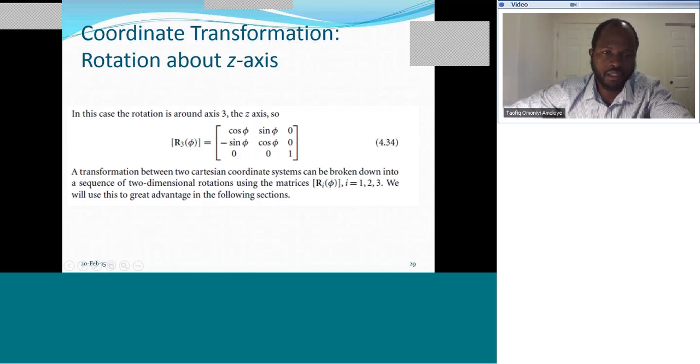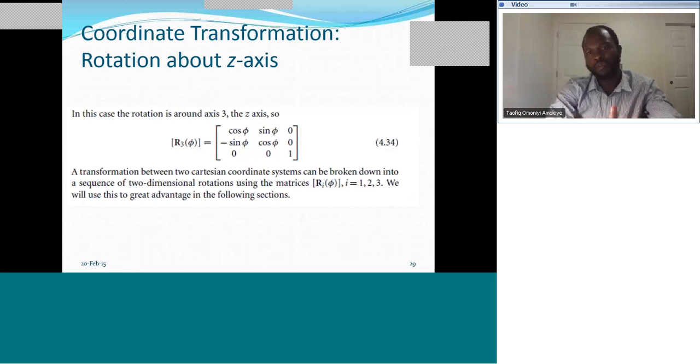So the transformation between two Cartesian coordinate systems can be broken down into a sequence of two-dimensional rotations using the matrices R_i(phi), where i is equal to 1, 2, 3, depending on which of the axes you are talking about. 1, of course, denotes x, 2 denotes y, and 3 denotes z.